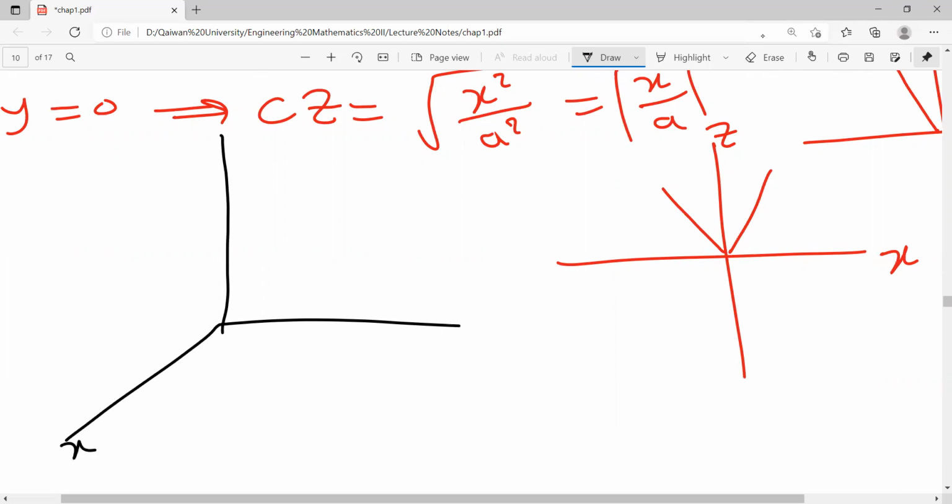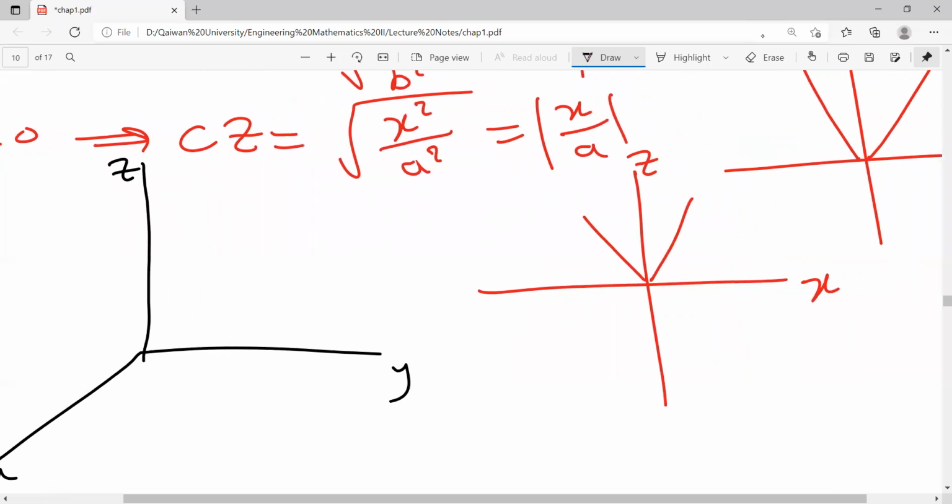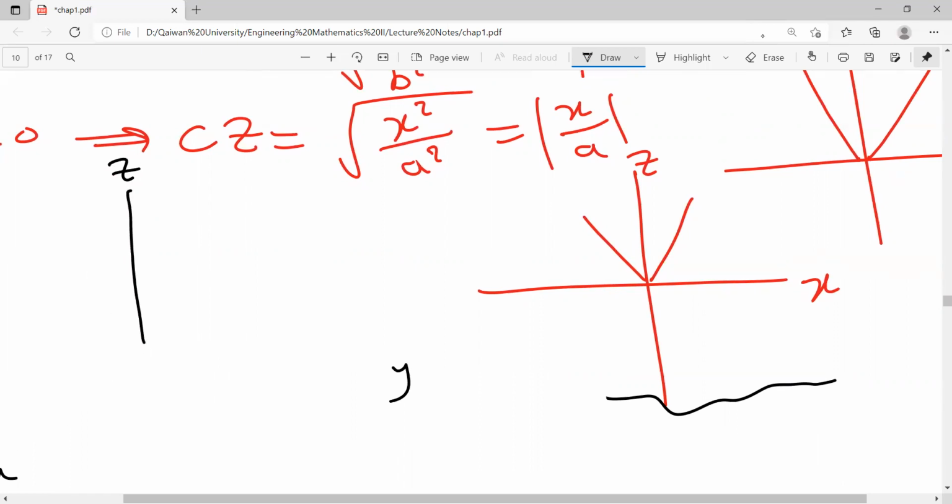This is X, that's Y, and this is Z. Here, this graph between X and Z is a V shape like this.